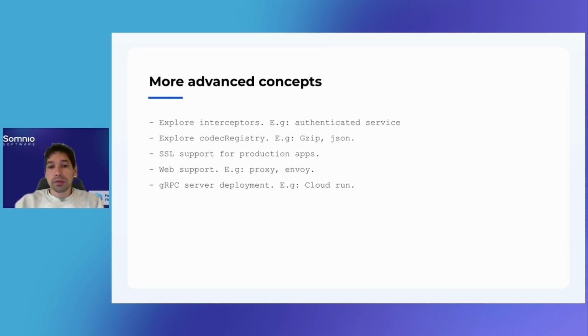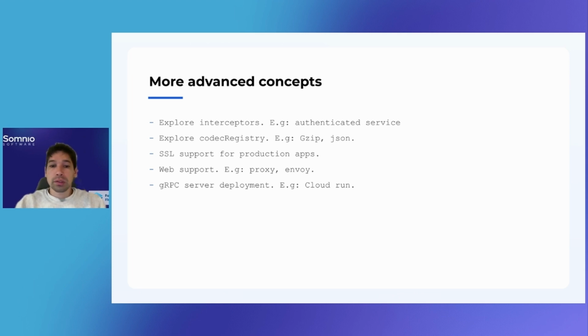There are more advanced concepts that I will not cover, but this is just for you to know. You can explore interceptors, for example, for authentication services. This is really common. We need to authenticate a service, and for this we can introduce the concept of interceptors.